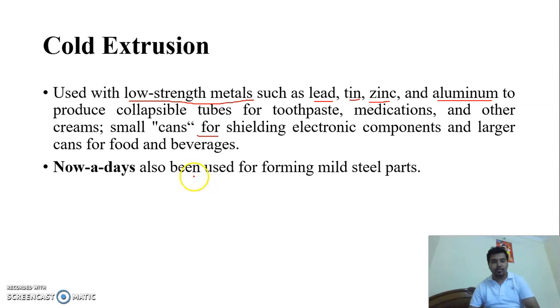Nowadays, it is also being used for forming mild steel parts. We know mild steel also has some ductile properties, so we can use cold extrusion for mild steel also.